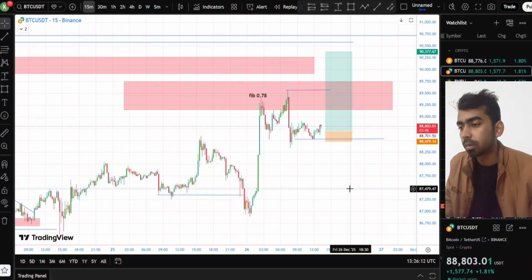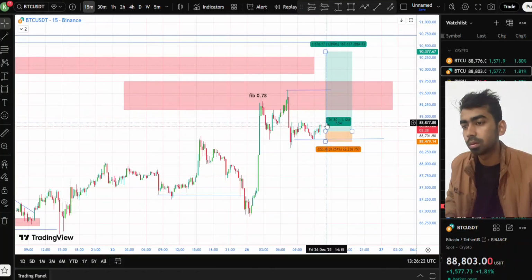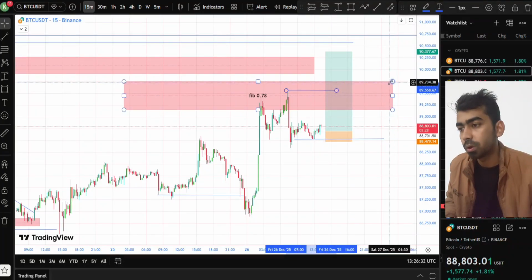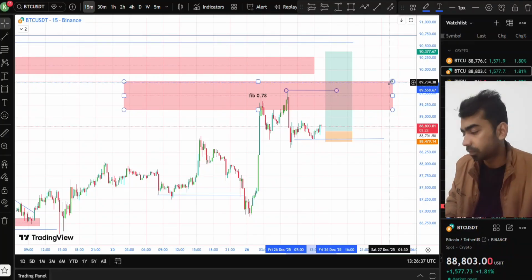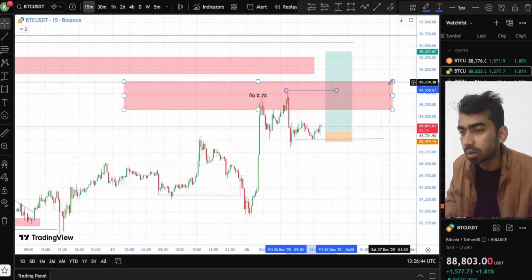Perfect. I'll take my profit at 89,000 or 89,500 approx. These two zones are very important. I'll take my 50% profit at 89,000, and the rest I'll take at 89,500. Now SL, no need to shift SL, guys. It is already close to buy price, otherwise SL will be hit. This SL is perfect right now.